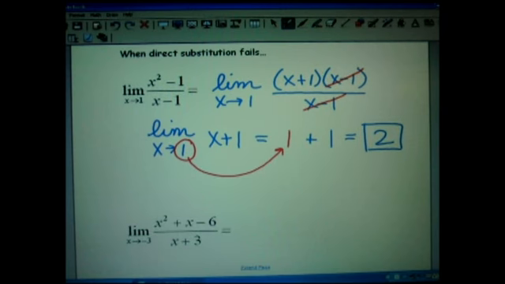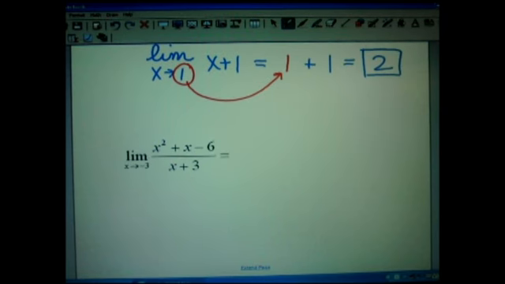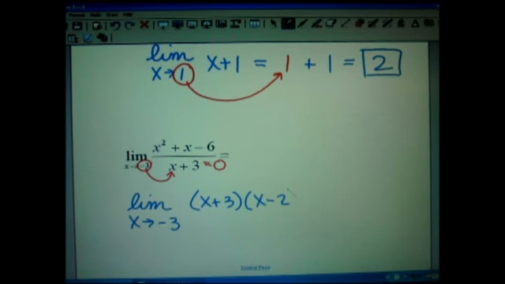Let's try to get down here. Same idea. If I plug in a negative 3, I'm going to get a 0 on the bottom. So I've got to come up with a different plan. I'm going to rewrite this as the limit as x approaches -3 of x plus 3 times x minus 2 all over x plus 3.